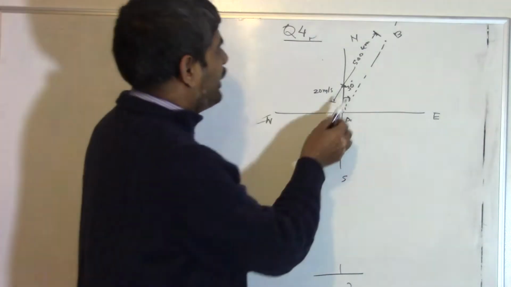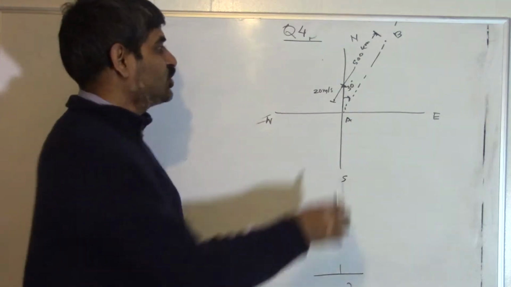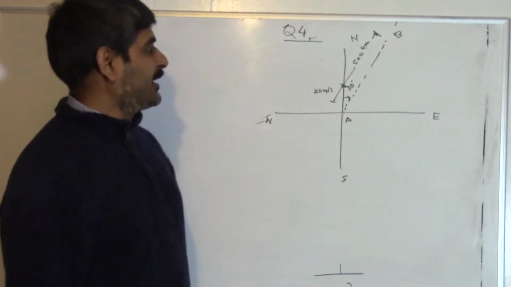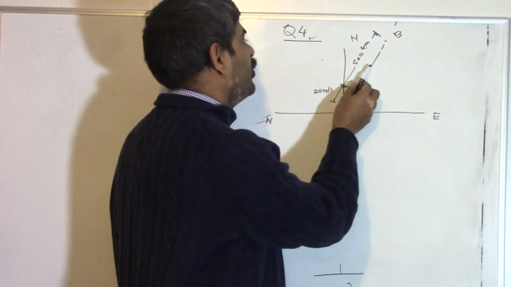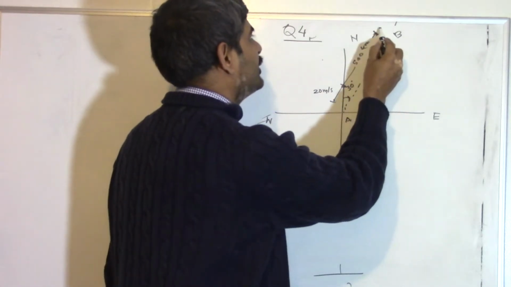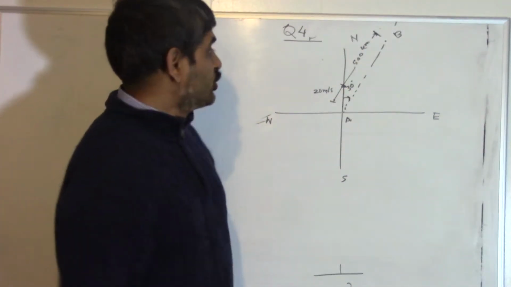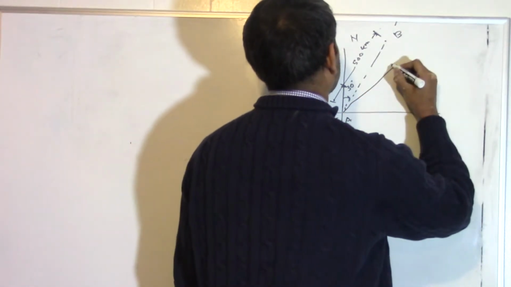If the pilot starts heading in this direction itself, 30 degree east of north, what will happen is the wind velocity is here. The wind velocity will move it a little on this side. So instead of reaching here, he will reach somewhere here. So this pilot must head in a direction something like this.